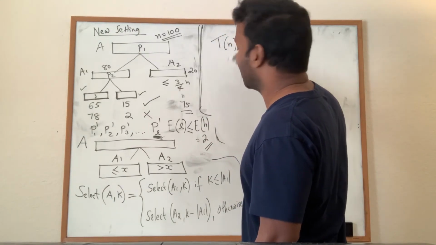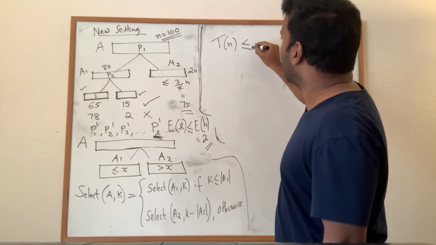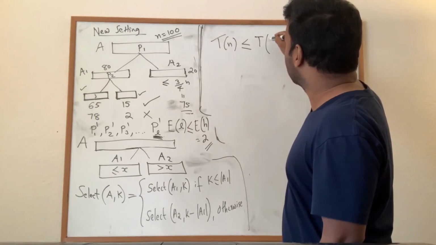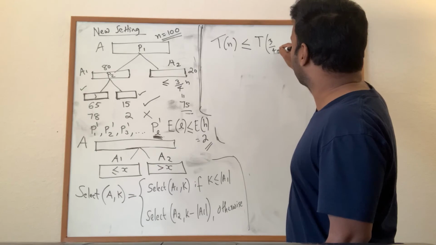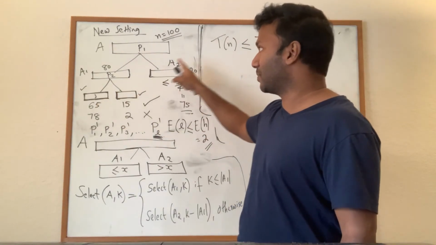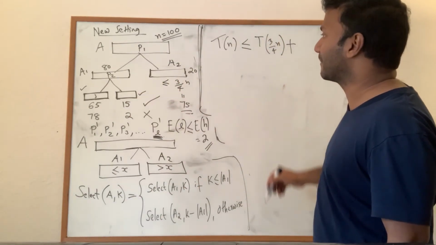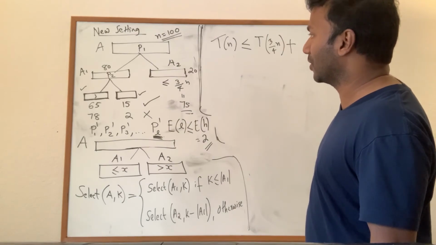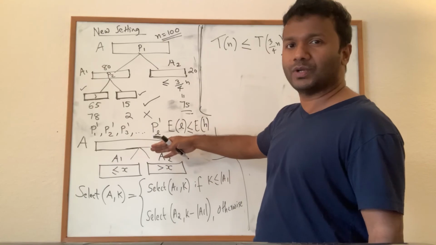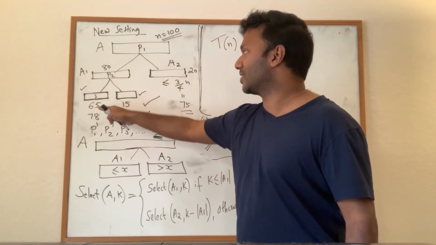Okay, in other words, what I can write is something like this. Suppose T(n) is the time for solving the QuickSelect problem, then T(n) I can bound as follows: T(3n/4), this is the size of a subarray with size bounded by 3 over 4n, plus what you need is the following: the number of iterations you have to do to get to a smaller subarray.